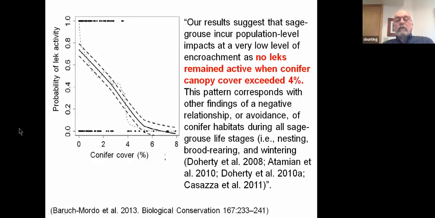But recent research has shown that it actually happens at a much earlier stage, and that even when the canopy cover is very low, in this case 4%, they found almost no use of the sagebrush areas by sage-grouse, because they're avoiding these areas to better avoid predators.